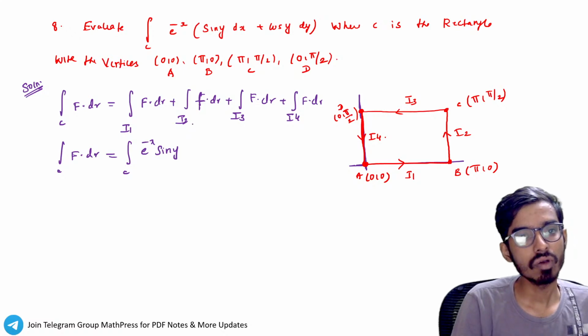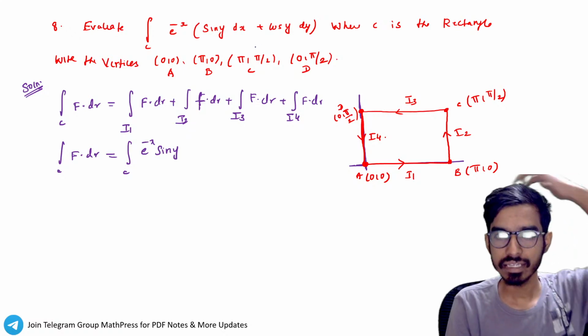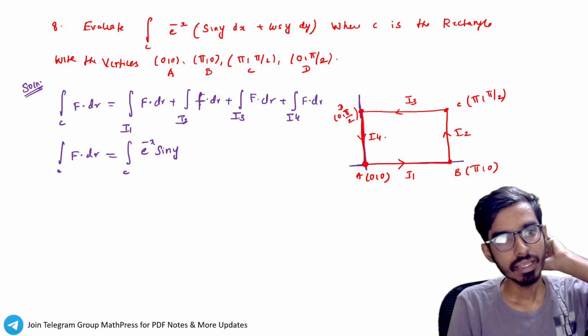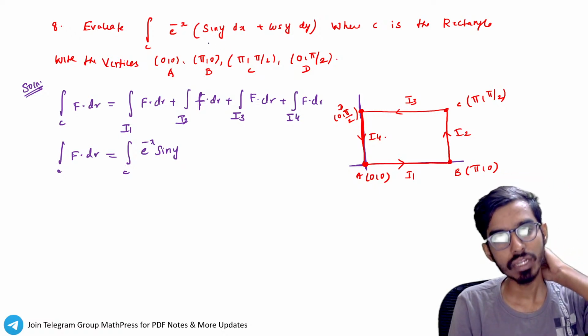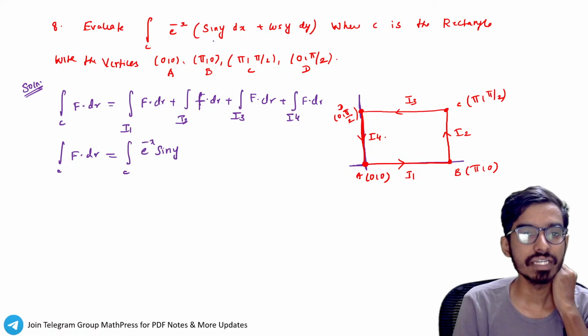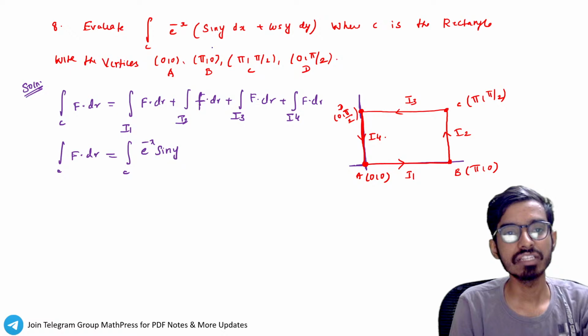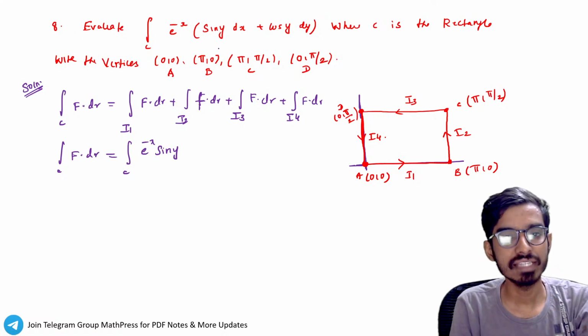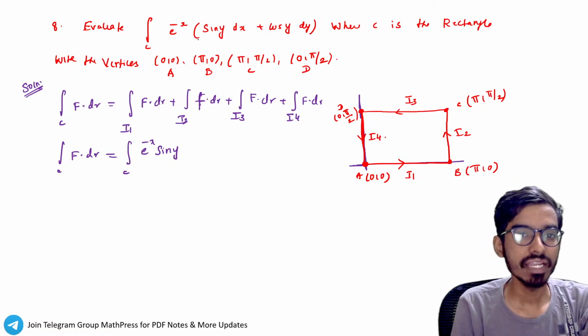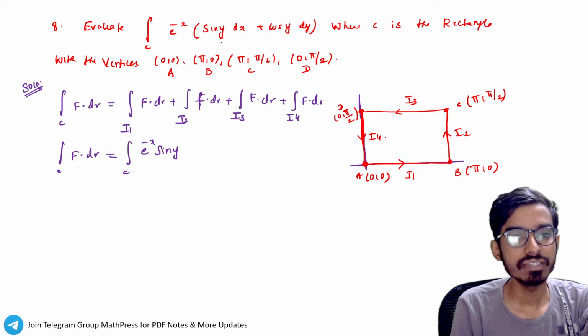Actually, they have given f dot dr itself. Usually they will give f to be a vector point function, for example, x square i vector plus y square j vector. But here they have given f dot dr itself, because you can see there is no i, j, and we have dx and dy multiplied to each component.